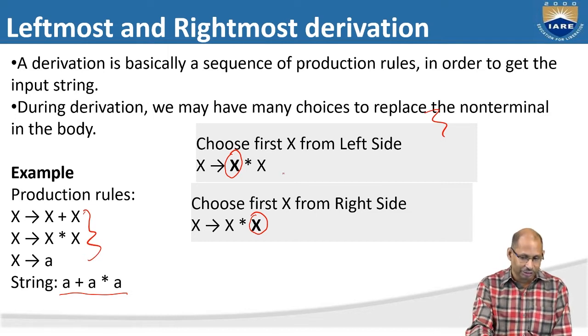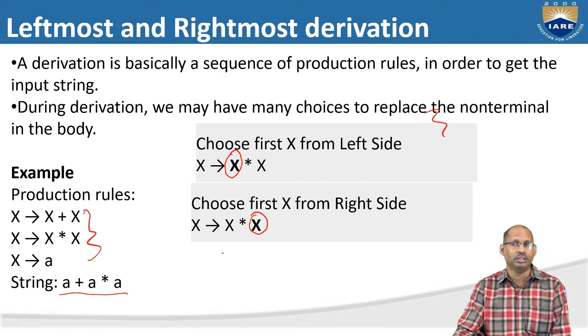So here X into X, both have the two X's. But which X are we replacing? If we always replace the left end variable, it is leftmost derivation. If we always replace the right end variable, then we refer to it as rightmost derivation.